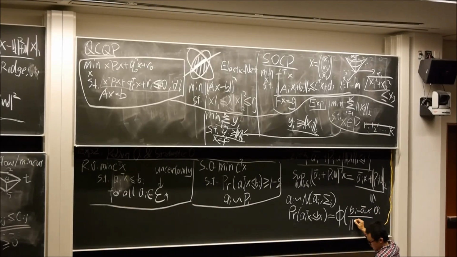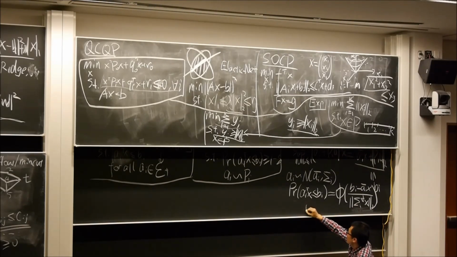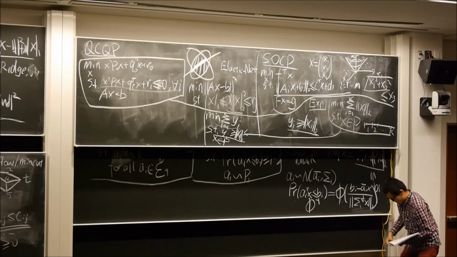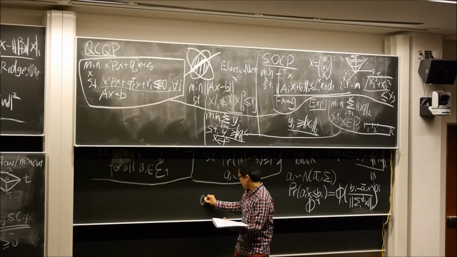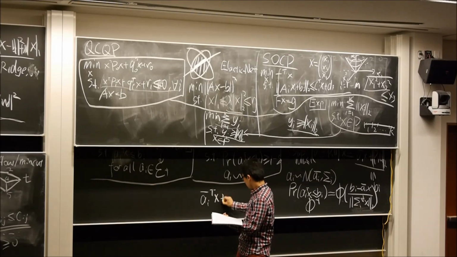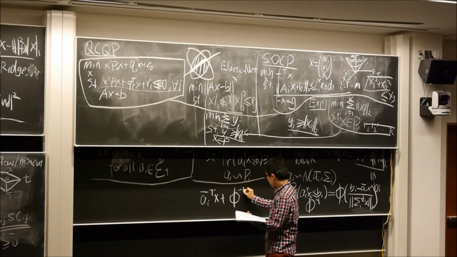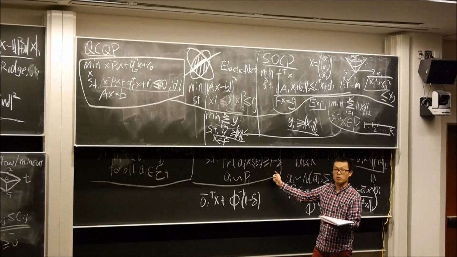divided by something like that. And because it is a normal CDF, we know what the inverse CDF function is, so we can invert that, and eventually we'll get a constraint that looks like one minus delta, because of the one minus delta probability constraint here.